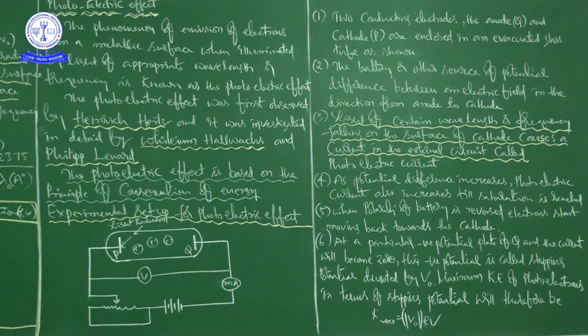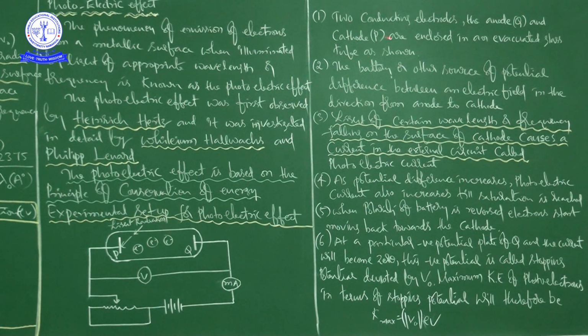You can observe the electrons like a small discharge, little sparks, electrons coming and being discharged from this metallic surface. Since the anode is positive, the electrons will travel from cathode to anode. This is called a discharge tube.